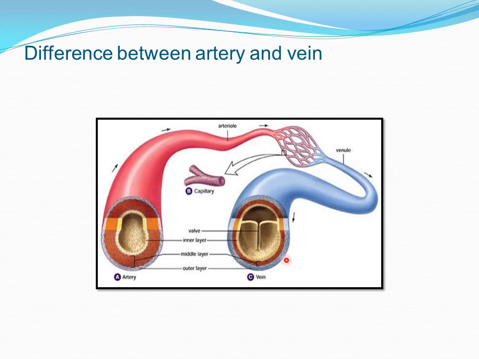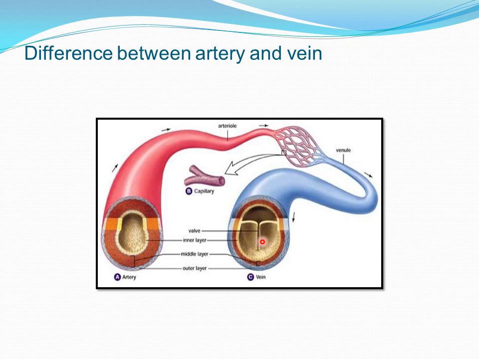In the previous slides we discussed them in two different slides. Here I have tried to discuss them in one slide, comparing both the artery and the vein. Here you can see the capillary; I'll discuss the capillary with you afterwards. Let us see that the valve is not present in the artery, whereas in the vein the valve is present.